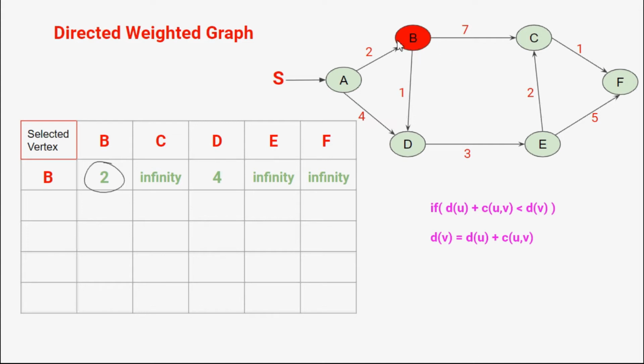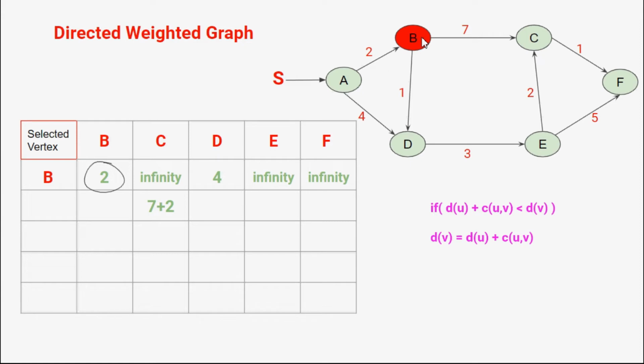What is the distance of vertex B? It was 2. And what is the cost of B to C? It is 7. So 2 plus 7 gives me 9. Now we are going to apply this formula. Firstly, we'll check the distance of one particular vertex. Assume this is my vertex U and this is my vertex V. We'll check the distance of vertex U. Why do we need to check the distance of U?